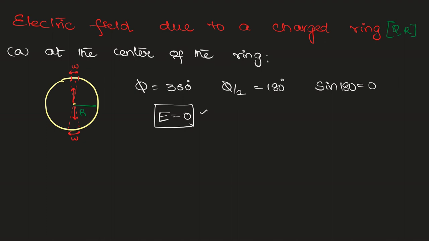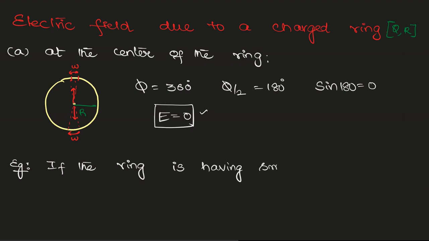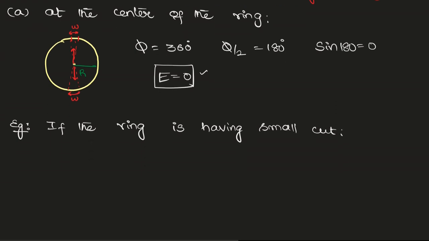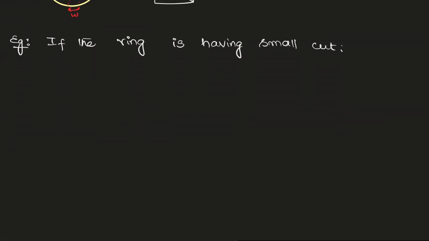Here we have one interesting example. If the ring has a small cut, if they ask it like this, so it is not a continuous ring, there is a small gap.